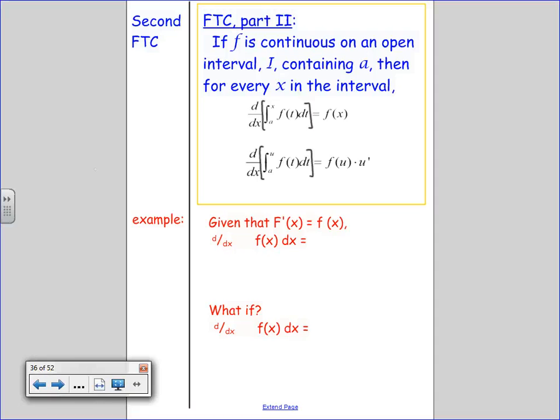I have defined capital F, as we have seen many times now, to be the antiderivative, the function whose derivative is the integrand. And I'm going from A to B of, give me a number, any number, I don't care. 52. 52 to x. Okay, the next one I'll do 17 to x squared.